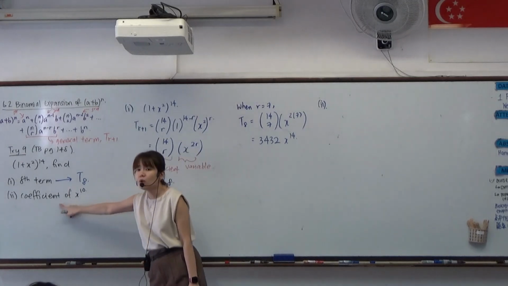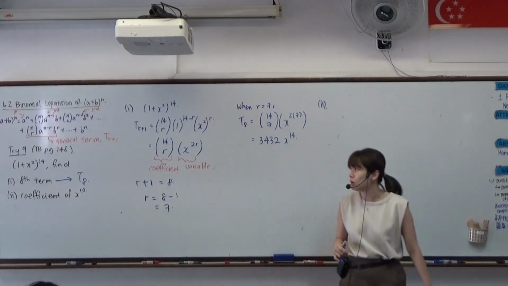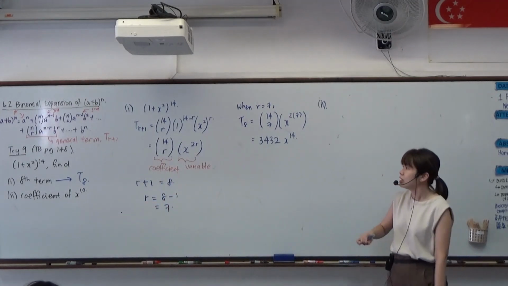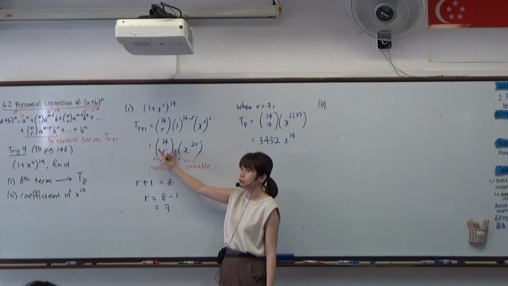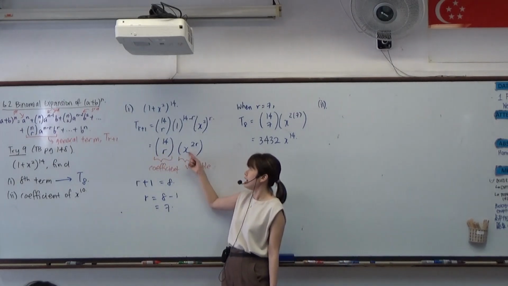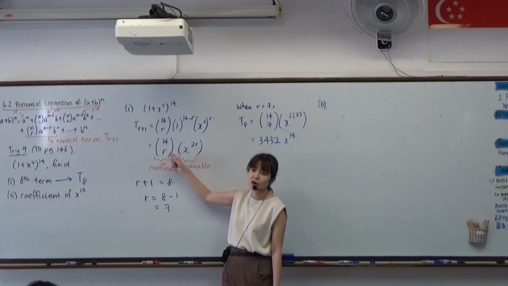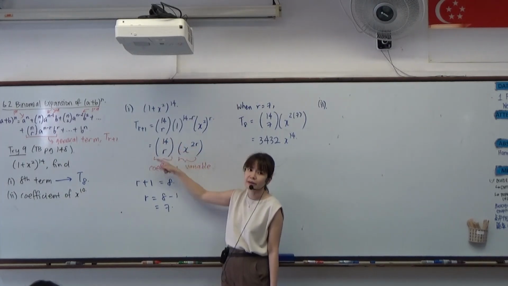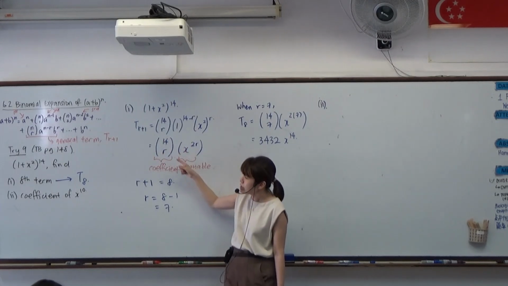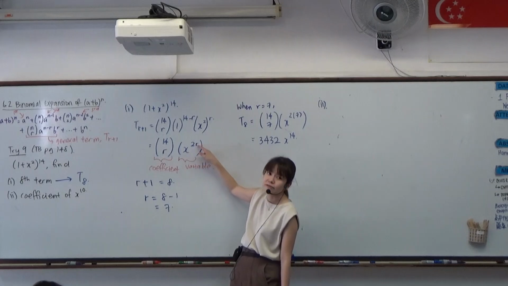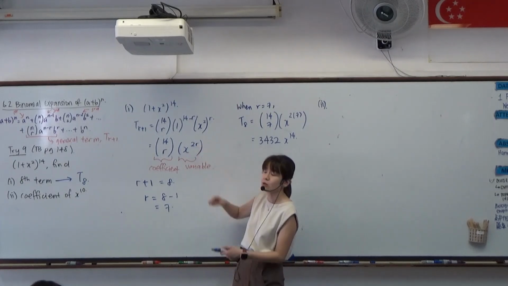We want to find the coefficient of x to the power of 10. So we want the coefficient, which is here, and x to the power of 10. I need to know the value of r in order to make use of my general term to identify the coefficient. Since I know I'm looking for x to the power of 10, that means 2r must be equal to 10.